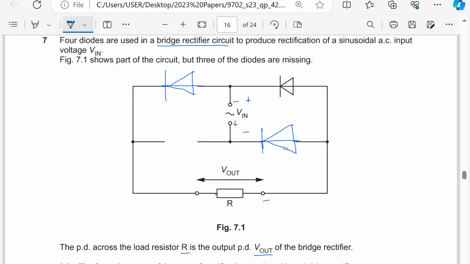Okay. So if this is positive and current flows like this, taking this route, entering the load, it continues up to here. Then if this is positive, current should take this route. So I think this is going to be like this.